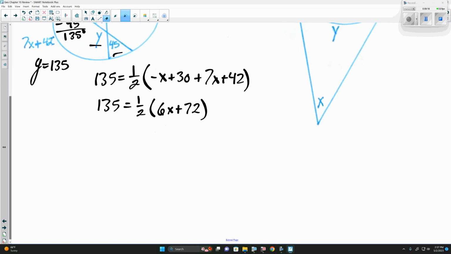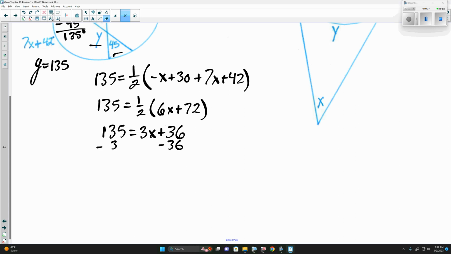If we multiply by 1/2, 135 is equal to 3x plus, let's see here, 36.